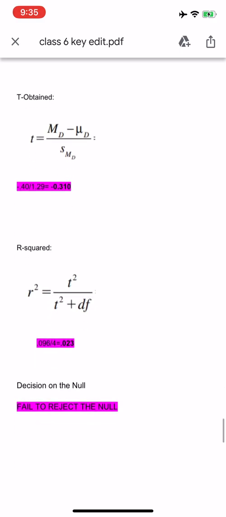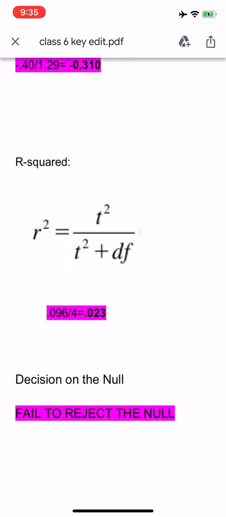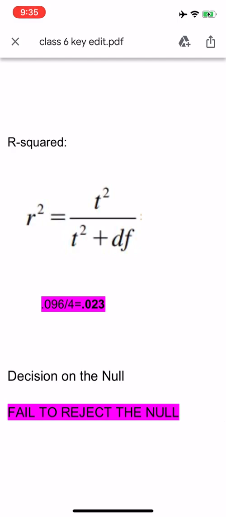And for r squared, you just take t squared, which would come out to 0.096, divided by 4, which comes out to 0.023. Now, you can also write this as 0.02. I just wrote it as 0.023 when I was writing it. Again, t is always to 3, right? So whenever you're computing a t score, you are going to round to 3 decimal points, all right?